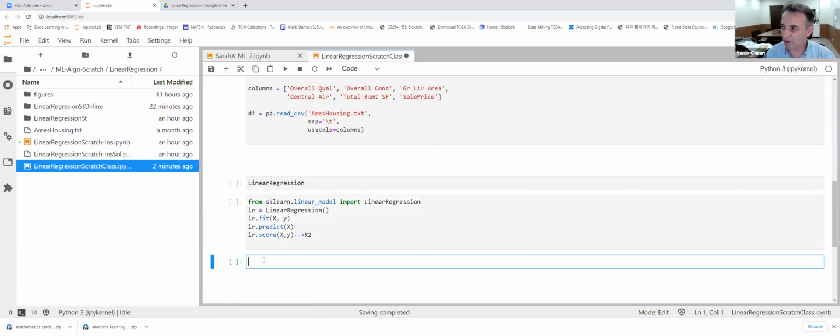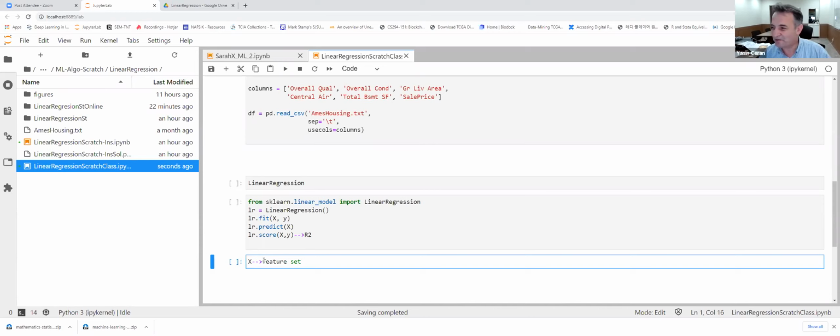Let's remember what linear regression is about, because we need to know the variables we are going to use. This is going to help us write the code. So what is linear regression? We have X, which is the feature set. What is capital X?